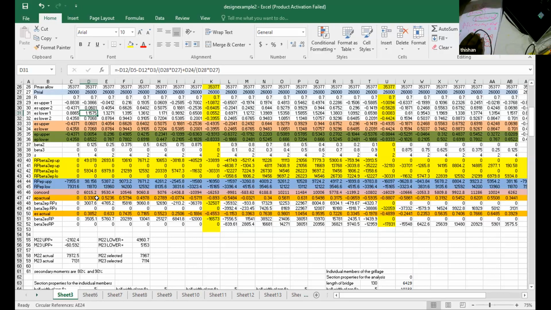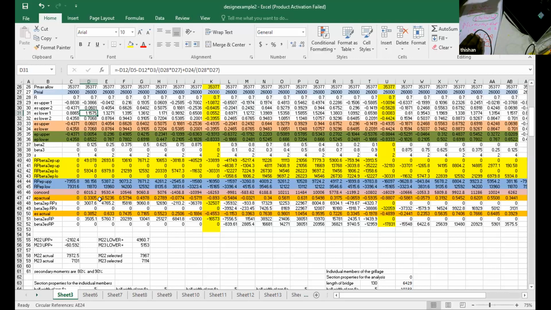So basically what this says is, you cannot select the pre-stressing force from the Magnel diagram alone. In a simply supported case, if you select a pre-stressing force inside the Magnel diagram, absolutely no problem. It will satisfy the limits.